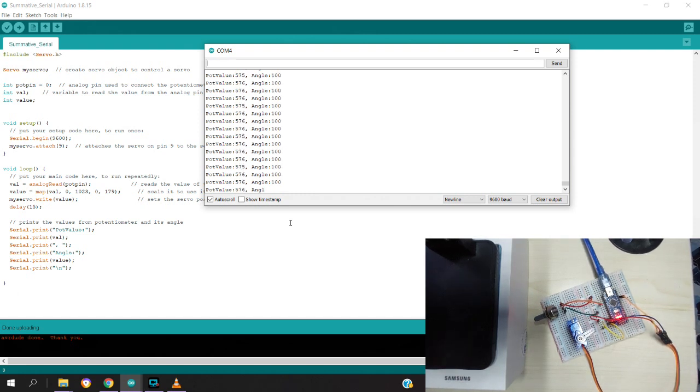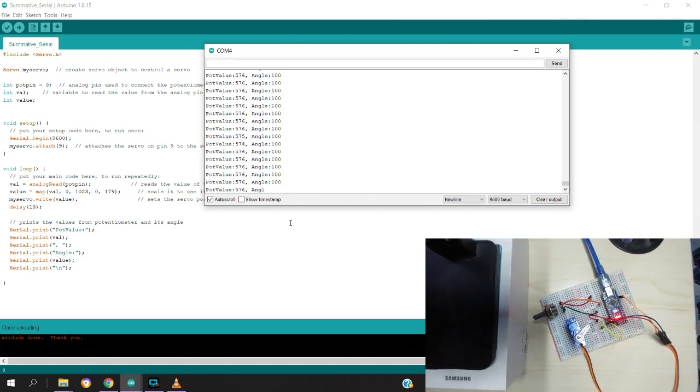So for the 100-degree angle, the potentiometer value is around 576 bits, while the servo motor is positioned at a 100-degree angle.